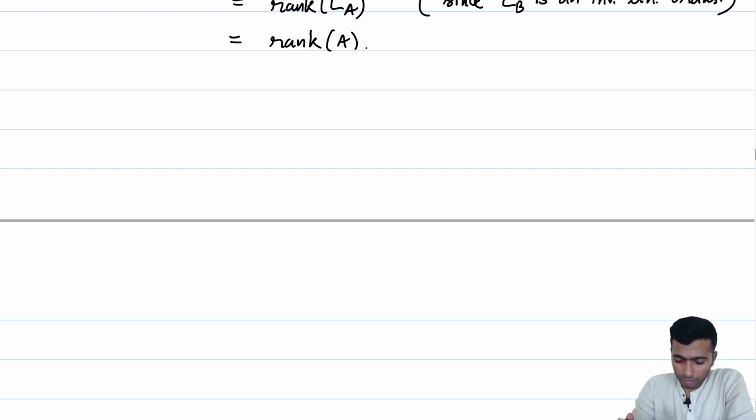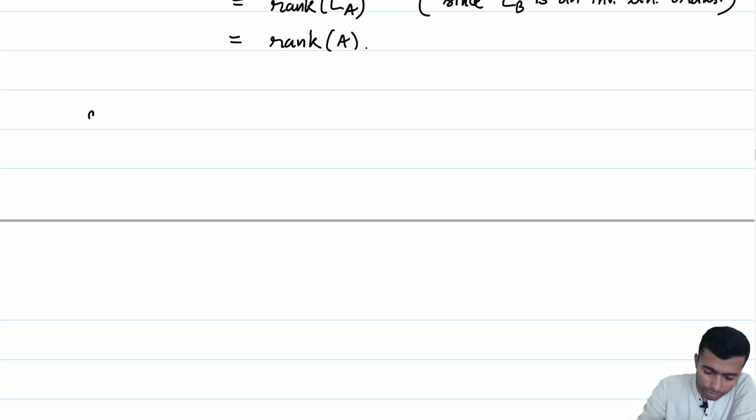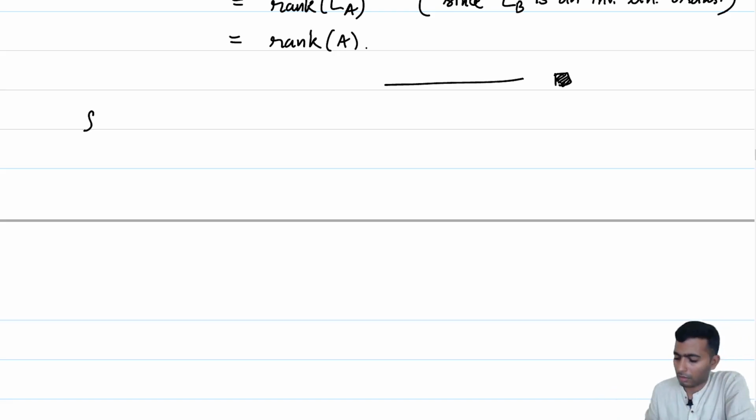Okay, so as was noted earlier, it might not be easy to compute explicitly the dimension of the rank of a matrix A when A is a very complicated matrix. Nevertheless, we can still say something. Let me just put a QED symbol here.